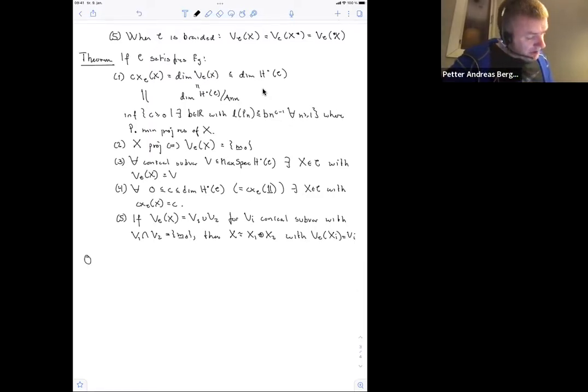So the question that we've been concerned with lately is whether the tensor product property holds. So is it true that the support variety of a tensor product is the intersection of the support varieties?